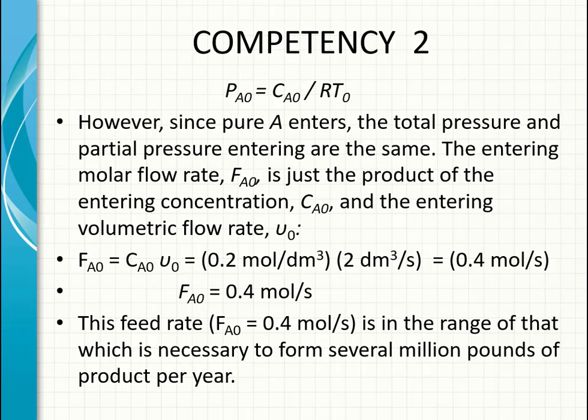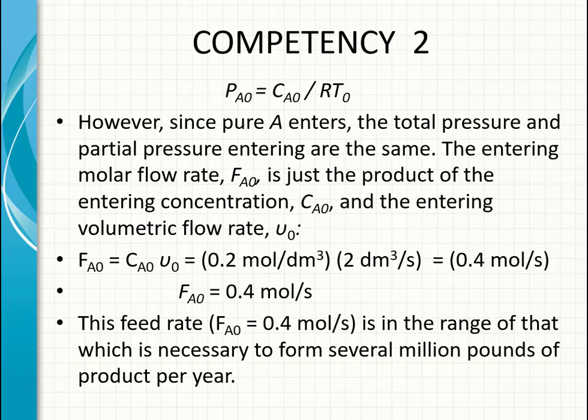Now, the entering molar flow rate FA0 is just the product of the entering concentration CA0 and the entering volumetric flow rate v0. So, FA0 is equal to CA0 times v0, which is equal to 0.2 moles per liter times 2 liters per second, which will give us a result of FA0 equals 0.4 moles per second.